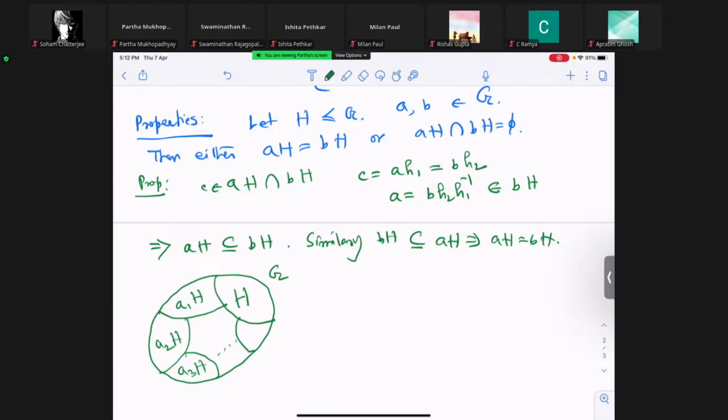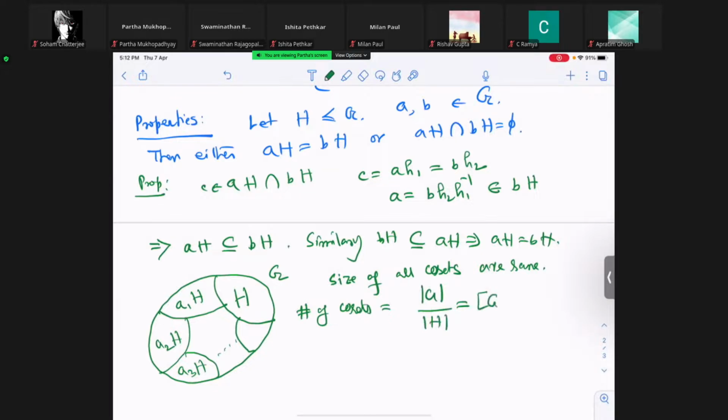And of course, the sizes of all cosets are the same. So the number of cosets is |G| divided by |H|. That number is sometimes denoted by G colon H. This is also called the index of H. This is just Lagrange's theorem.